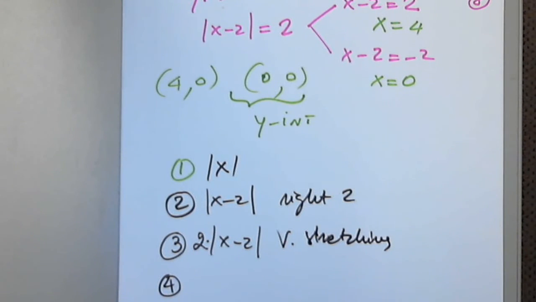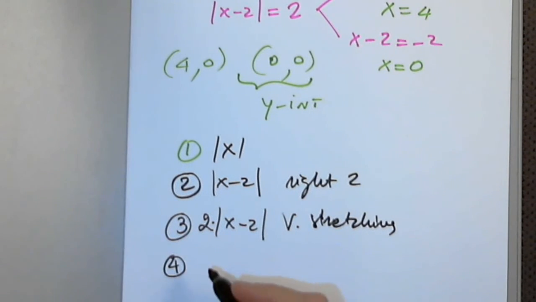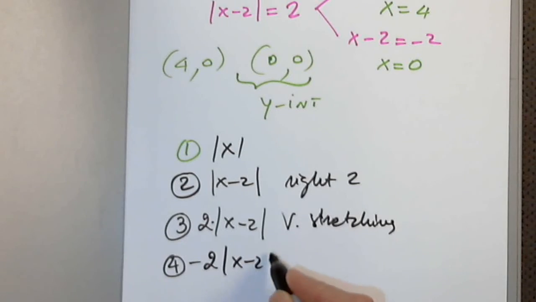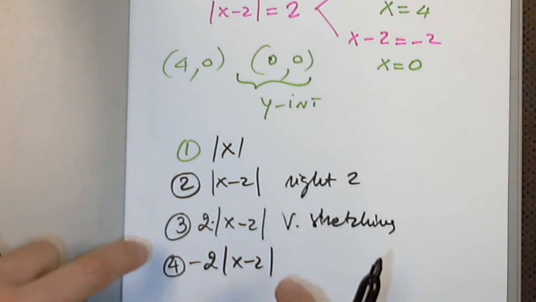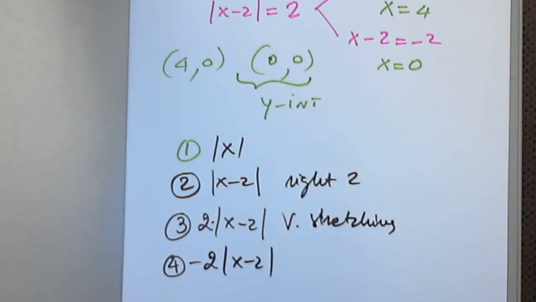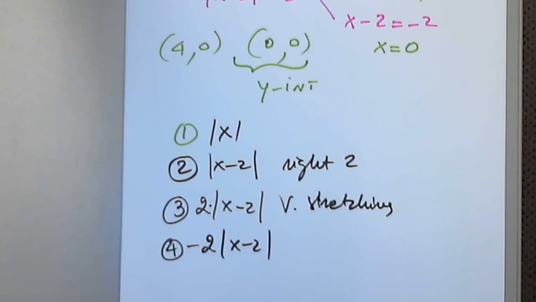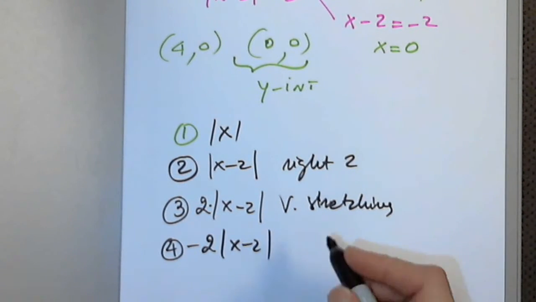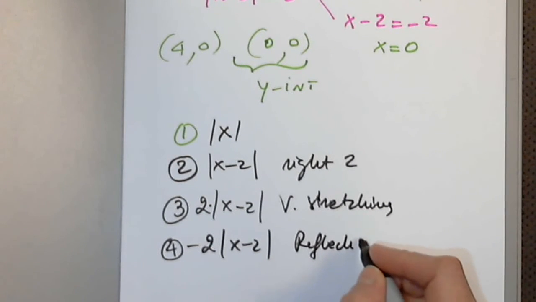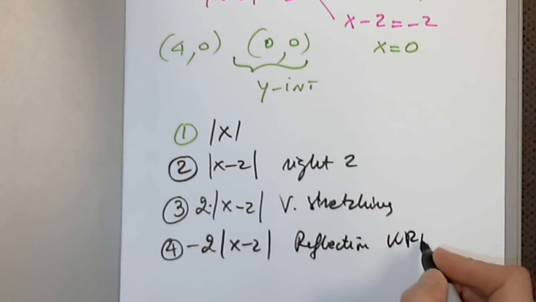Multiplication by 2 is 1. Multiplication by negative 1 is something else. Yes. So that's my next step. What does this do? Reflection. Very good. Reflection with respect to what?